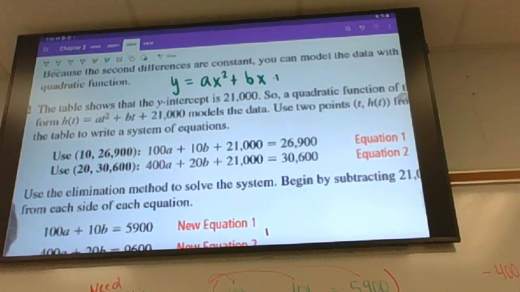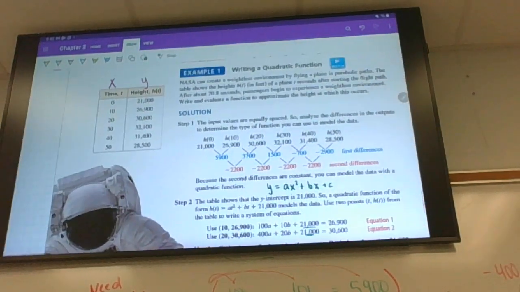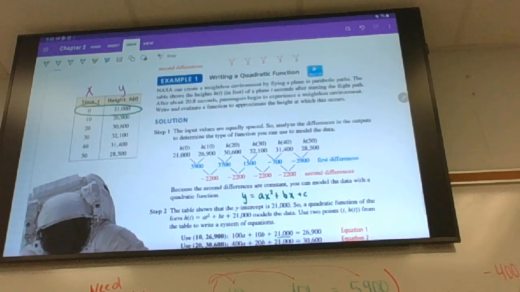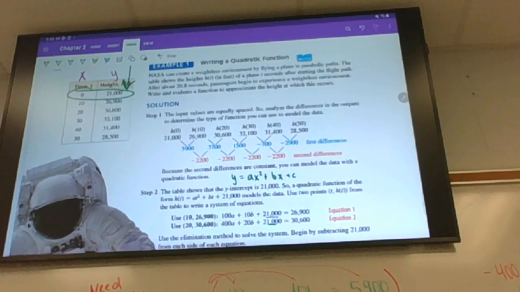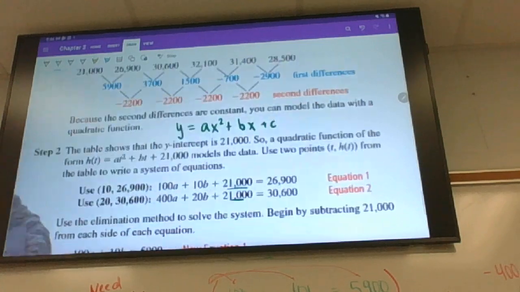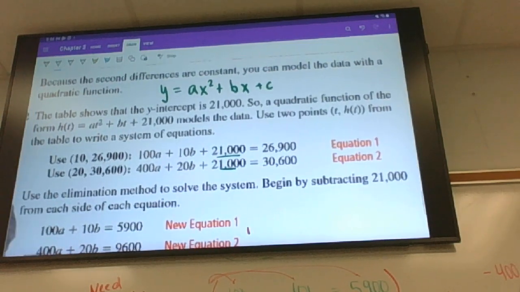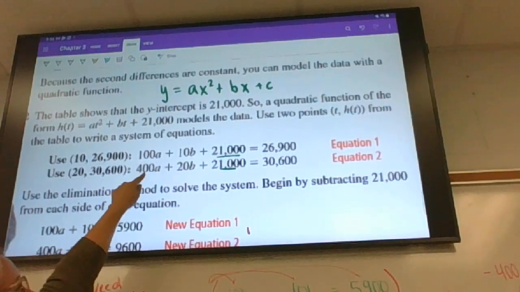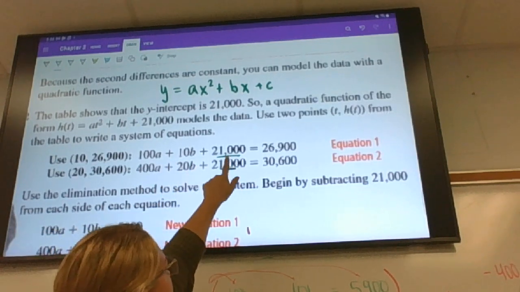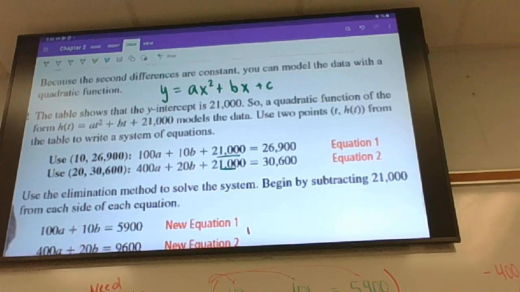The 21,000 is basically without any time, like the starting time. Good. Okay, 21,000 right here. Starting height. So the parabolic path begins at 0 seconds at 21,000 altitude. Good. So you saw the c value. This is ax squared plus bx plus c. 21,000 was the c value. Good job. What else do you see?